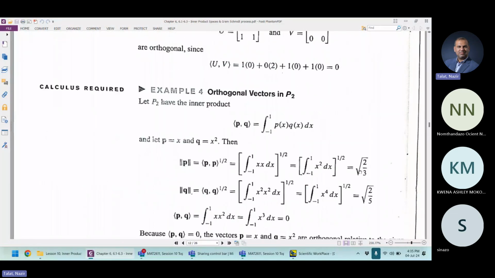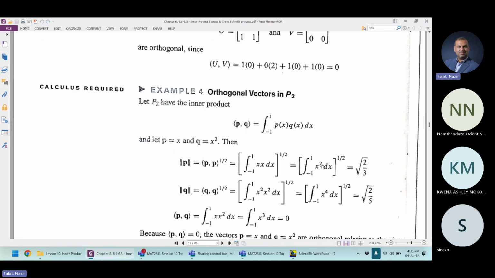And furthermore, consider orthogonal vectors in P2, the space of all polynomials of degree 2. If we take the inner product with p the polynomial x and q the polynomial x square, one can compute the norm of p. This is the norm of p: p times p means x times x is x square.